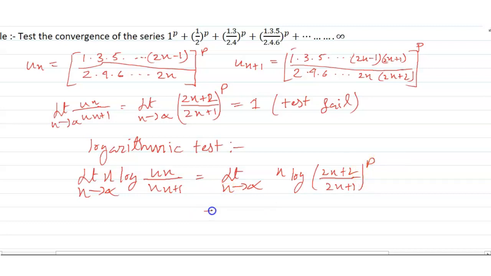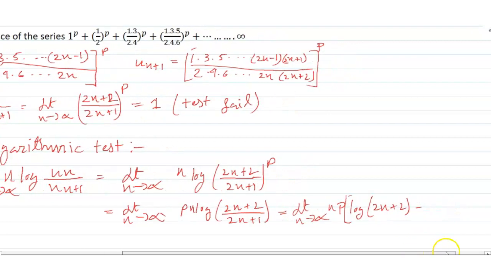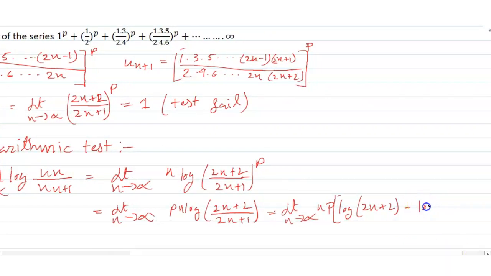So it can be written this way: limit n tends to infinity p into n into log of (2n plus 2) divided by (2n plus 1), that is p into n times [log (2n plus 2) minus log (2n plus 1)].